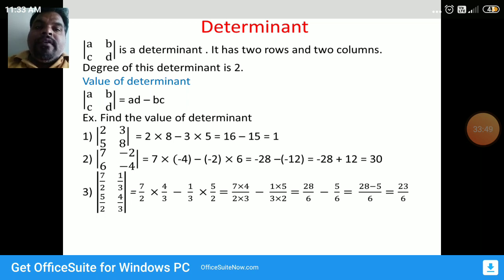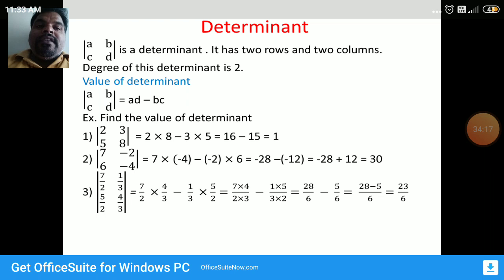This means the first row contains 2 elements, the second row also contains 2 elements, and the first column contains 2 elements and the second column contains 2 elements.